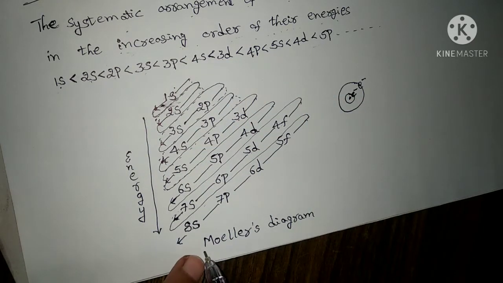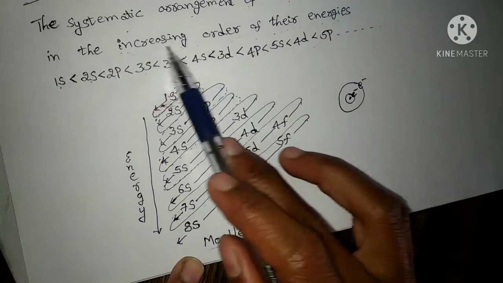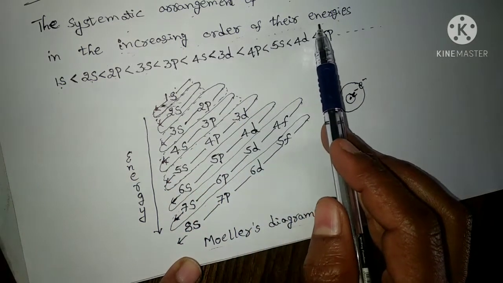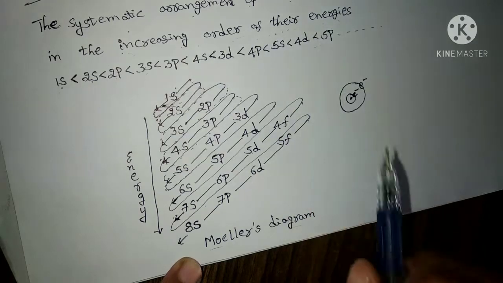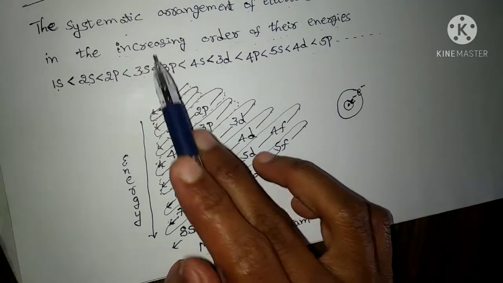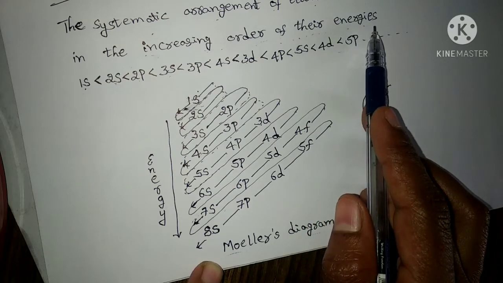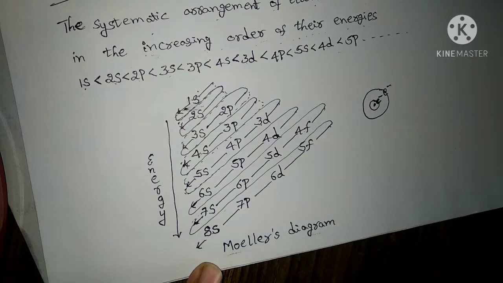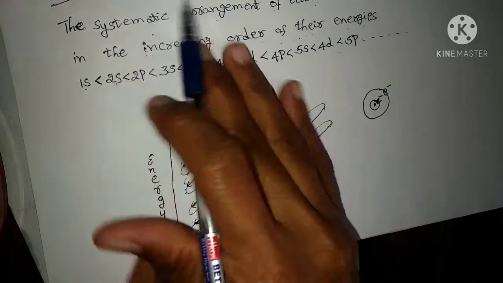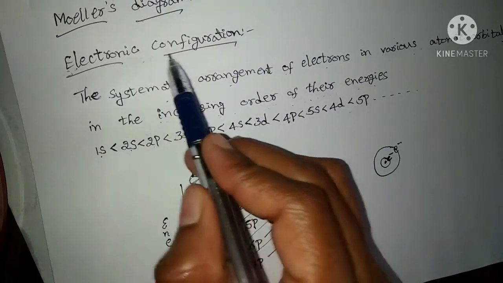So by using this Moller's diagram, we can easily remember the increasing order of atomic orbital energies. In the next videos, we will discuss how to write the electronic configuration.